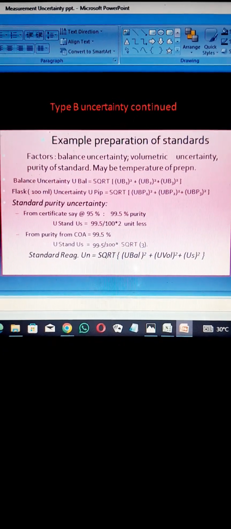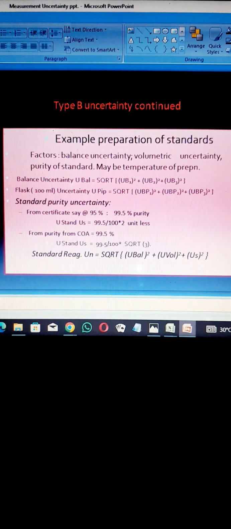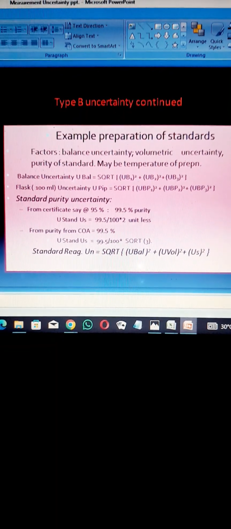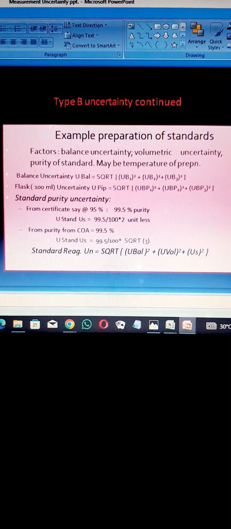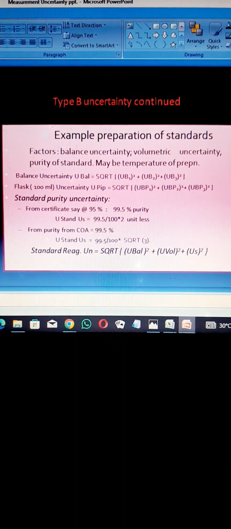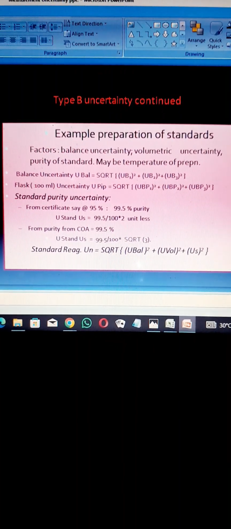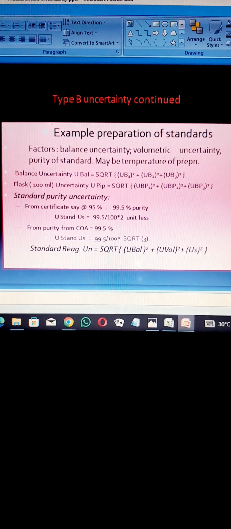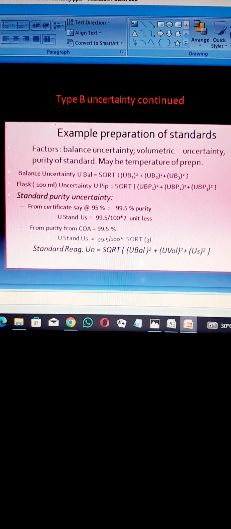Then for the flask, we also have to calculate. For standard purity uncertainty, from the certificate of analysis (COA) value we get 99.5% with 0.5% uncertainty, and we also have to calculate its standard uncertainty.